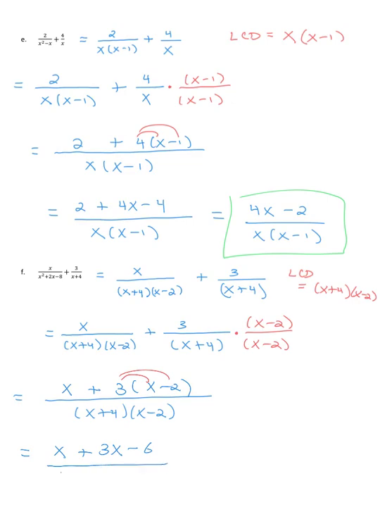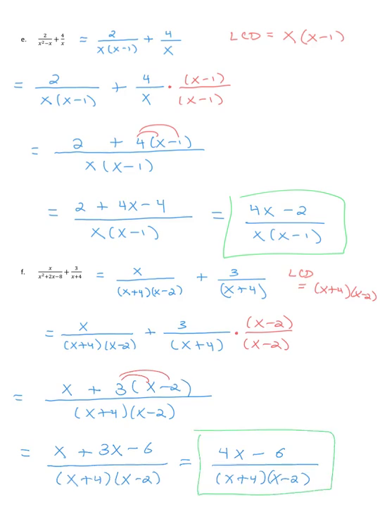Okay, the denominator of x plus 4 times x minus 2. I think we're practically there. That's 4x minus 6 all over x plus 4 times x minus 2. And this is my final answer.